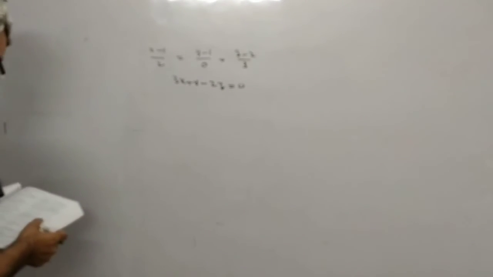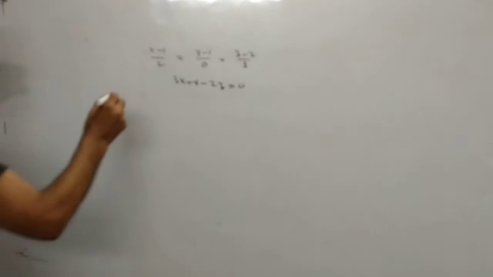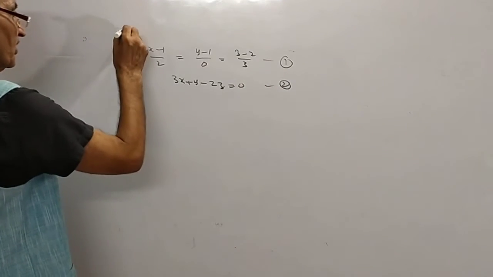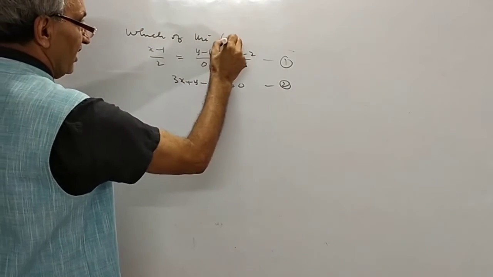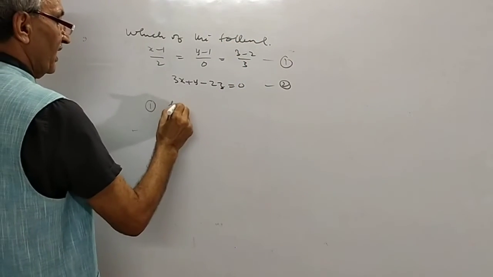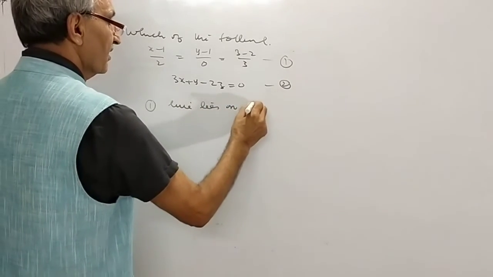This statement is, the question is: which of the following is correct? Number 1, the line lies on the plane.